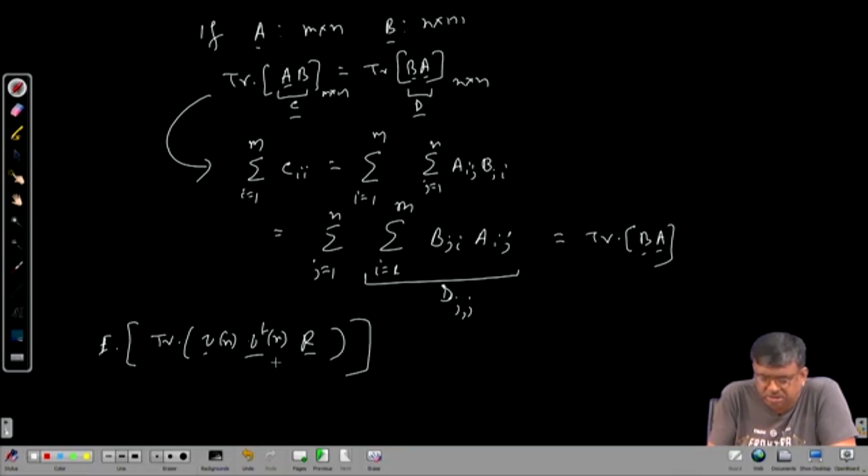So, this is a matrix, this is a matrix, together is a matrix, but a square matrix. R is square, V_n V transpose is square, square into square is square. So, trace of a square matrix, then expected value. That means, whatever the matrix is, I take the summation of the diagonal entries, then apply E over them. I will get the same thing if I apply E over all the entries of this product matrix, and then take the summation of the diagonal entries only, isn't it?